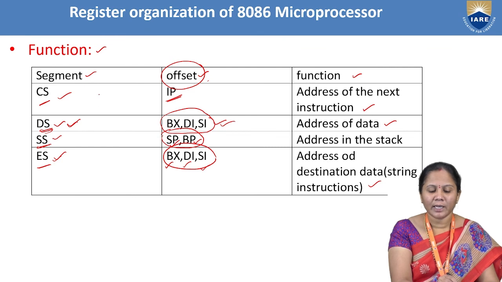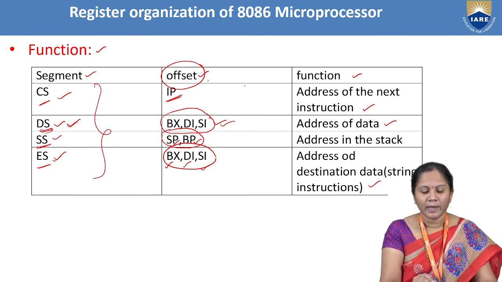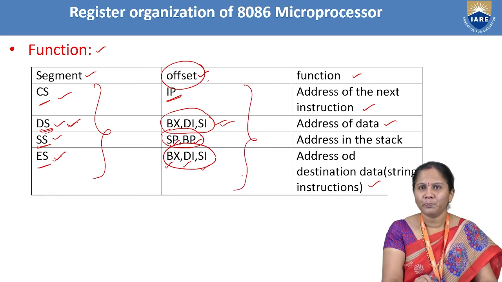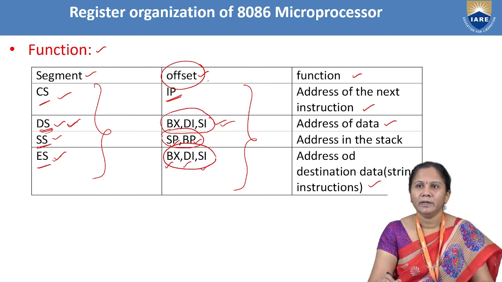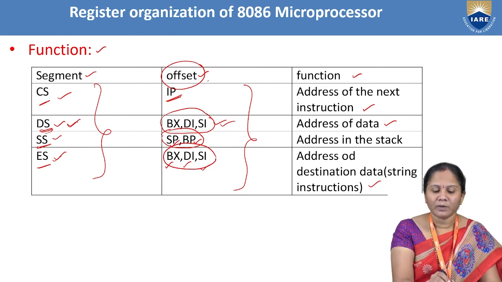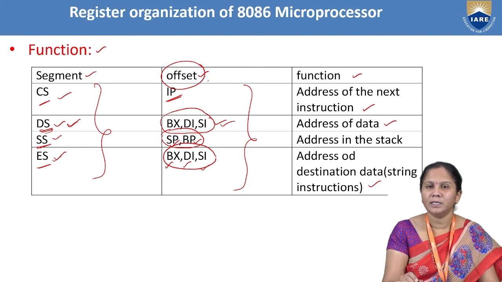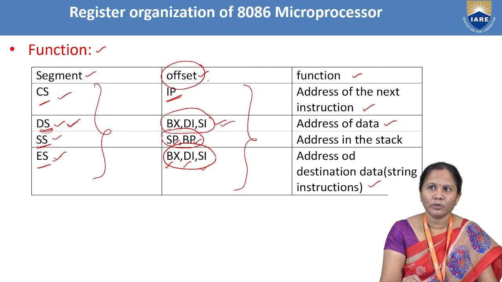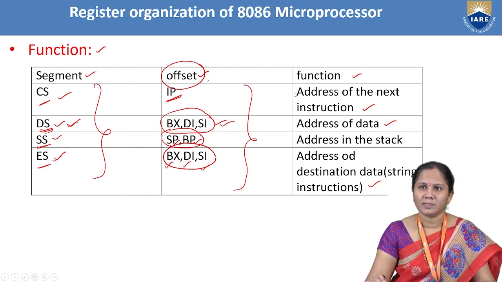And this is the extra segment register which will produce the segment address. Using these two, segment and offset address, the address we get is the address of the destination data. So whichever segments you are considering, we have to follow these pointer, index and base registers in order to know the function of the microprocessor.